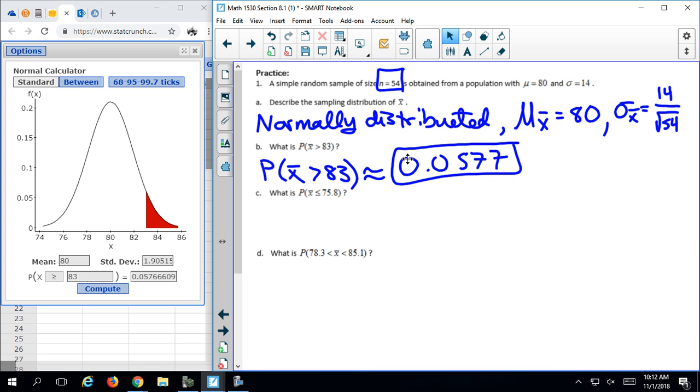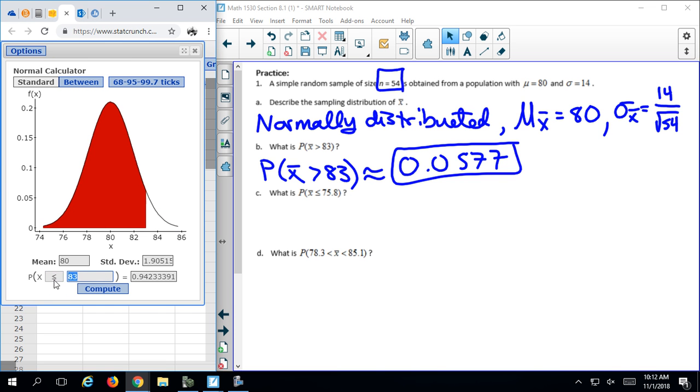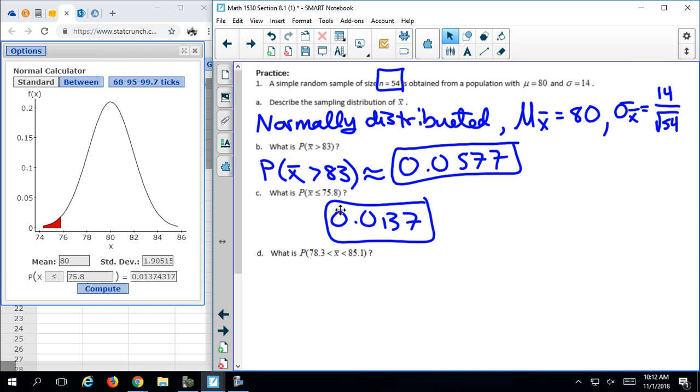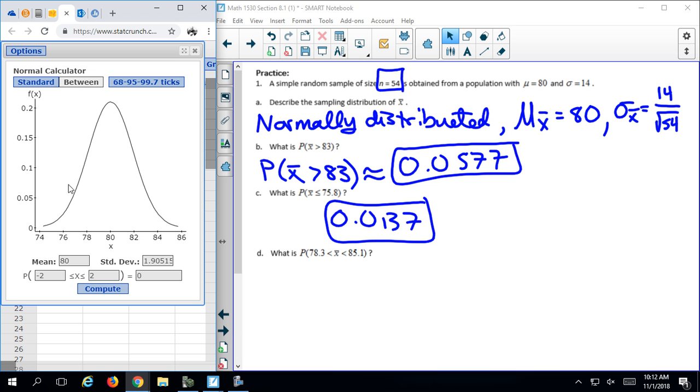So what's the probability that x bar is less than or equal to 75.8? So I'm just going to change this to less than, and I get 0.0137. And then between, so I'm going to click the between.